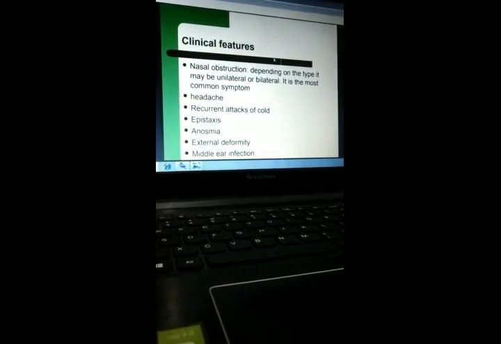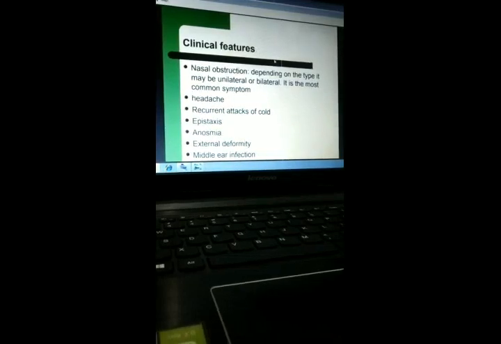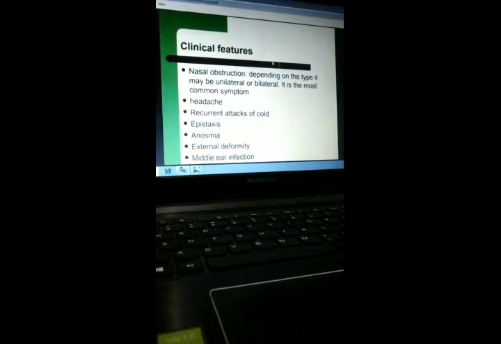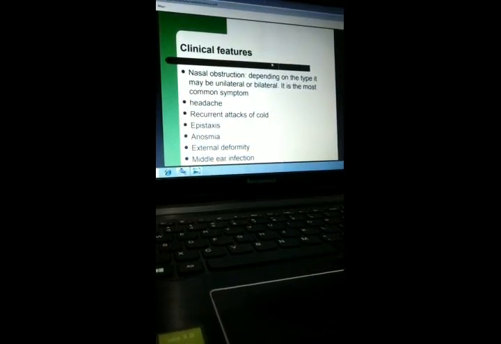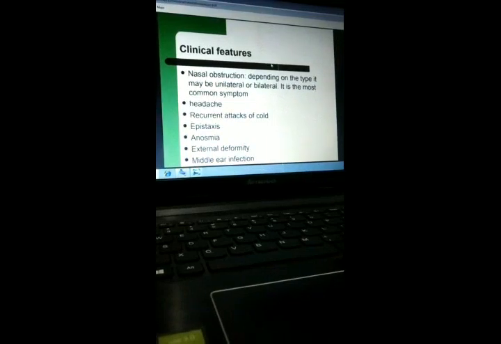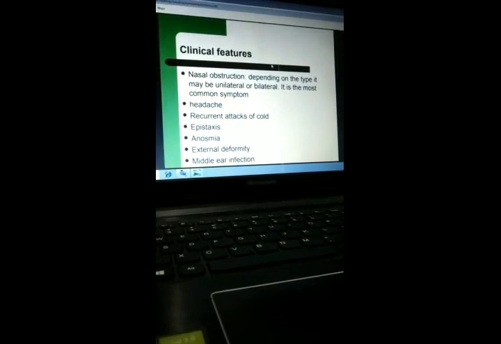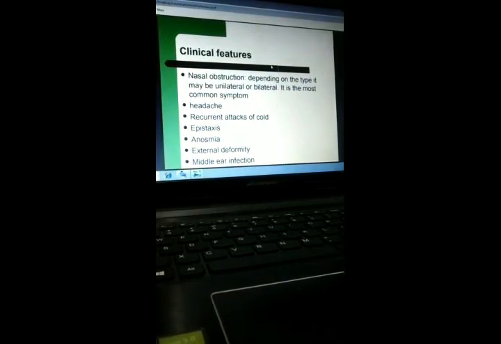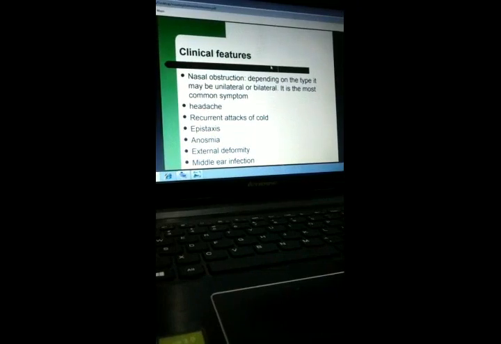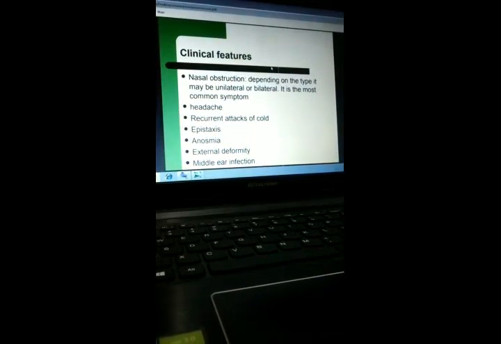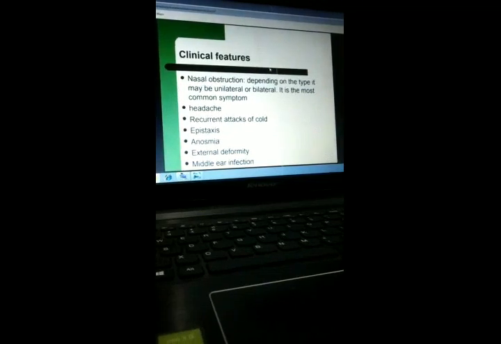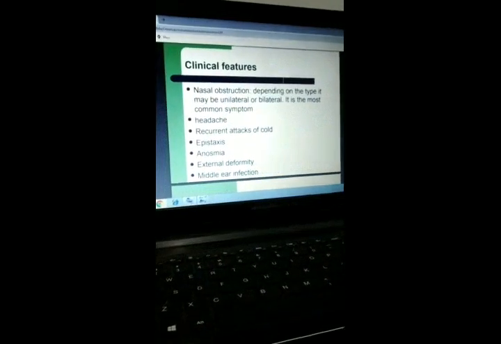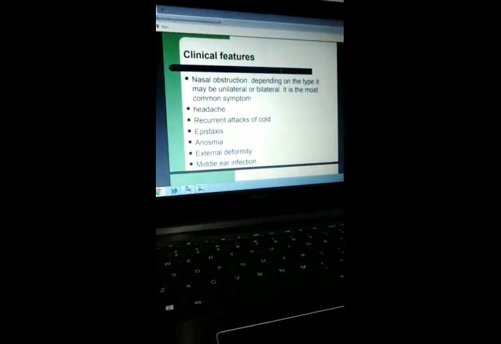And these crusts produce irritation, and usually the patient picks the nose, or crackling of the crusts due to drying causes epistaxis. Bleeding may also occur from vessels over a septal spur because the spur stretches the vessels over it.